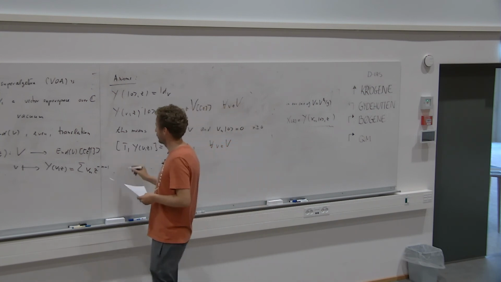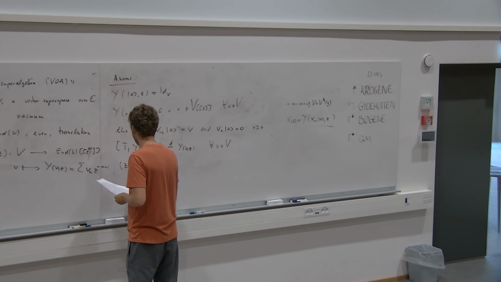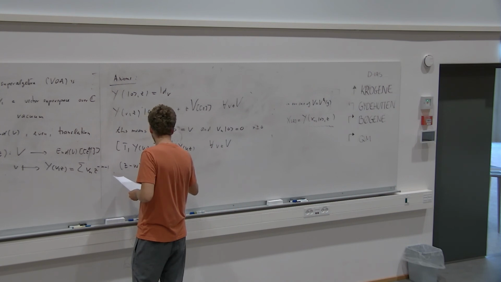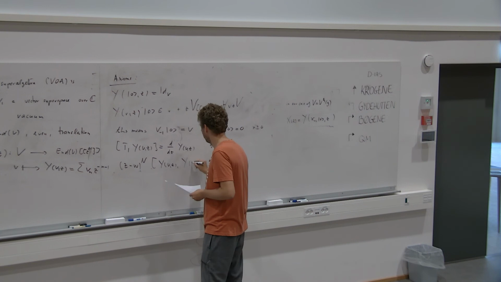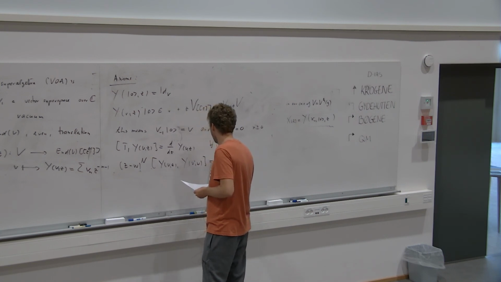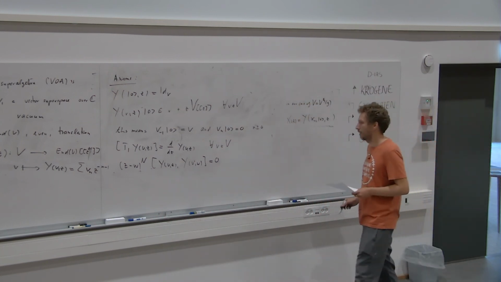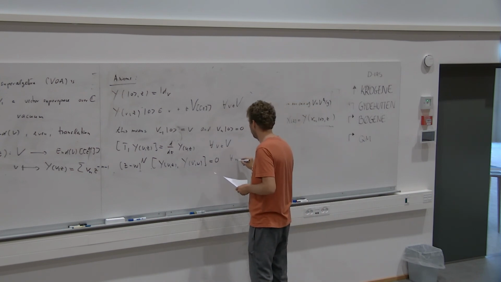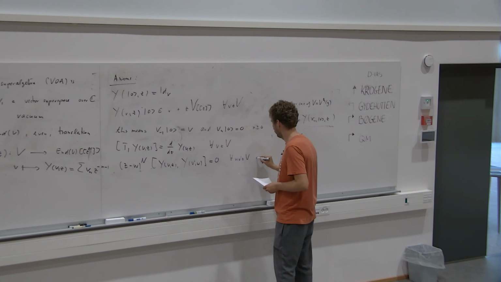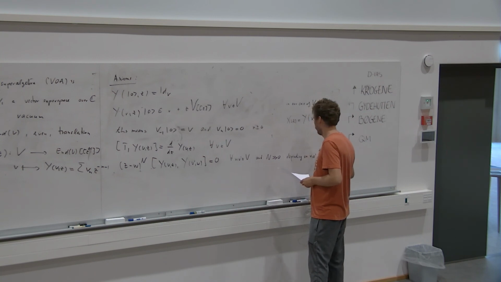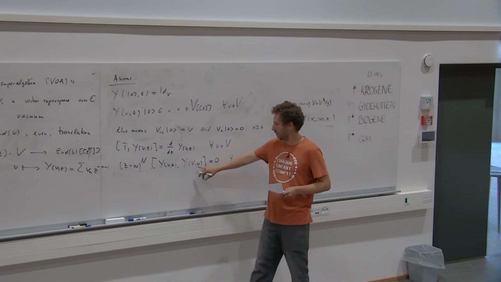And then the most important property is that for any two fields, I can take the commutator, and this commutator vanishes if multiplied by a sufficiently high power of z minus w. And this n depends on the choice of fields here.